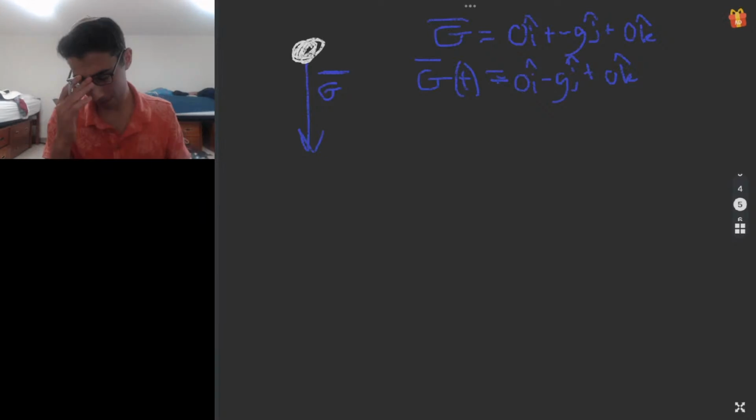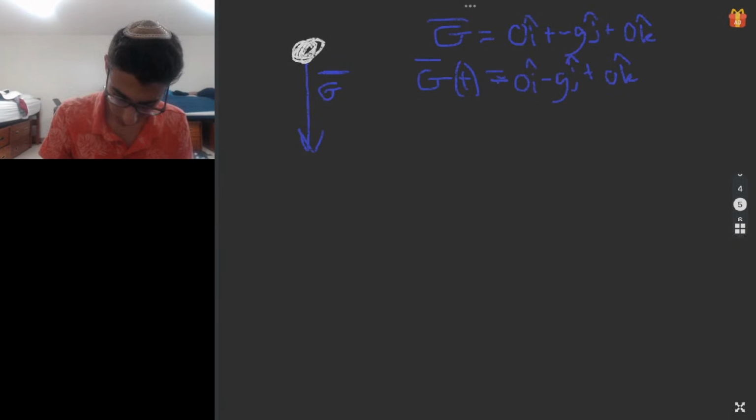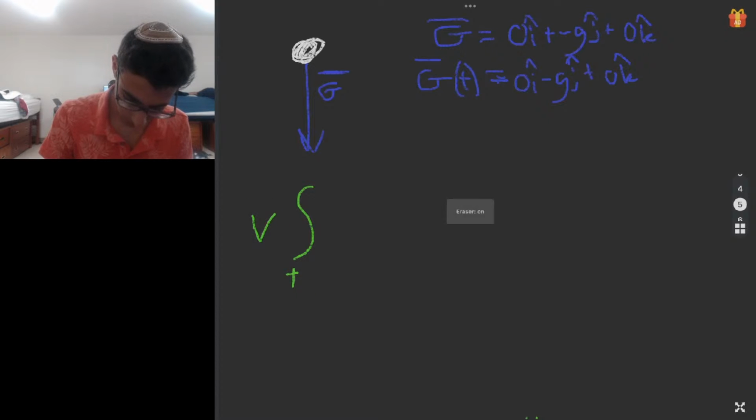So let's find velocity from time t equals 0. Really, we're finding the change in velocity from time t equals 0 till t. It's important how we write things.